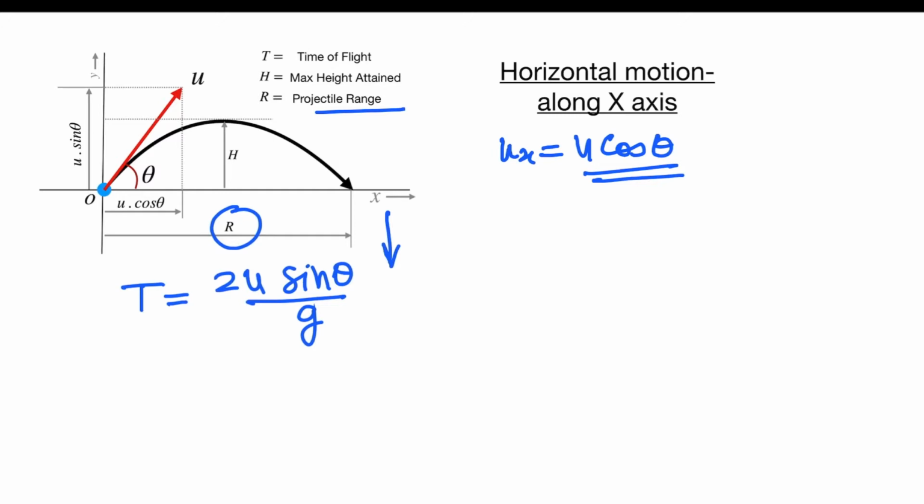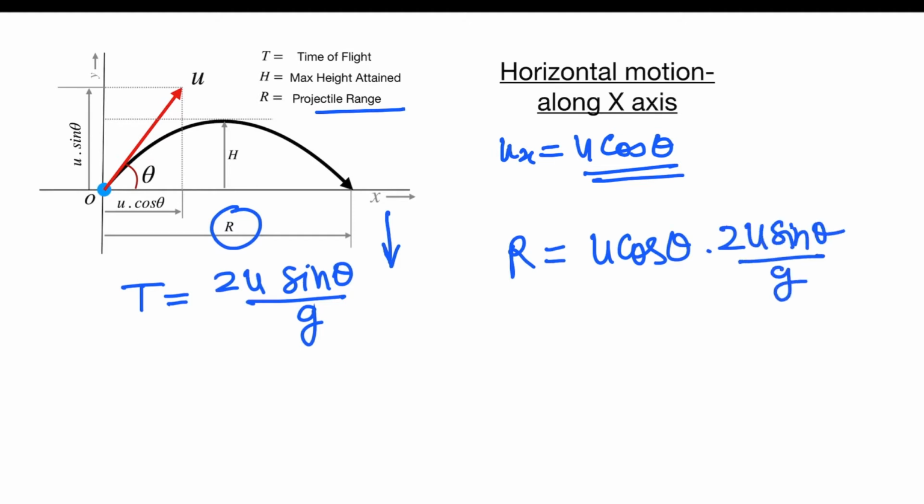So in this case, the range R will be given by u cos theta, which is a constant speed, multiplied by the time of flight, which is 2u sin theta by g. So we know this will be equal to 2u squared sin theta cos theta by g.